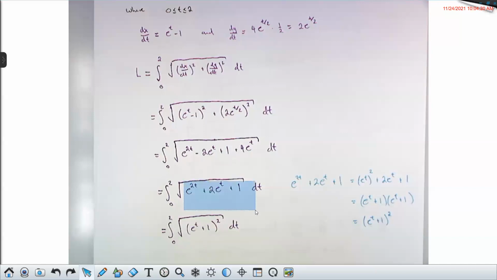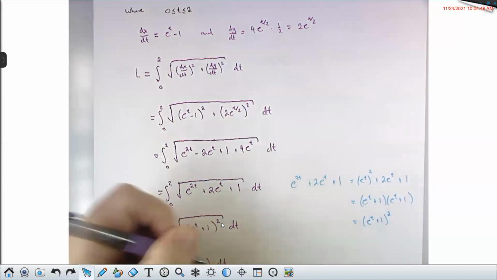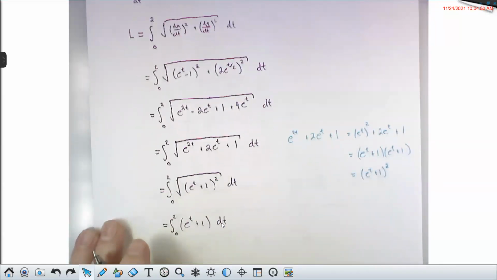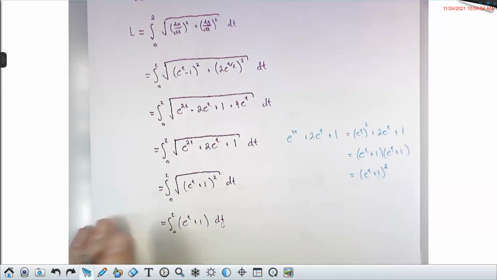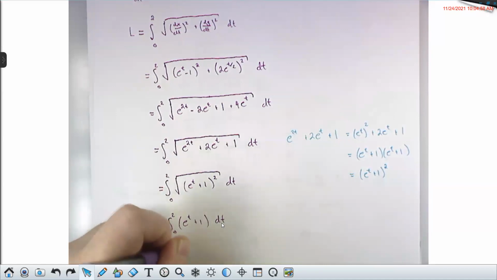Because once I'm able to factor this as a perfect square, now I've got the square root of some chunk, and that whole chunk is squared. Now the square and the square root do cancel. And I get the integral from 0 to 2 of e^t + 1 dt. So the antiderivative there is e^t + t.